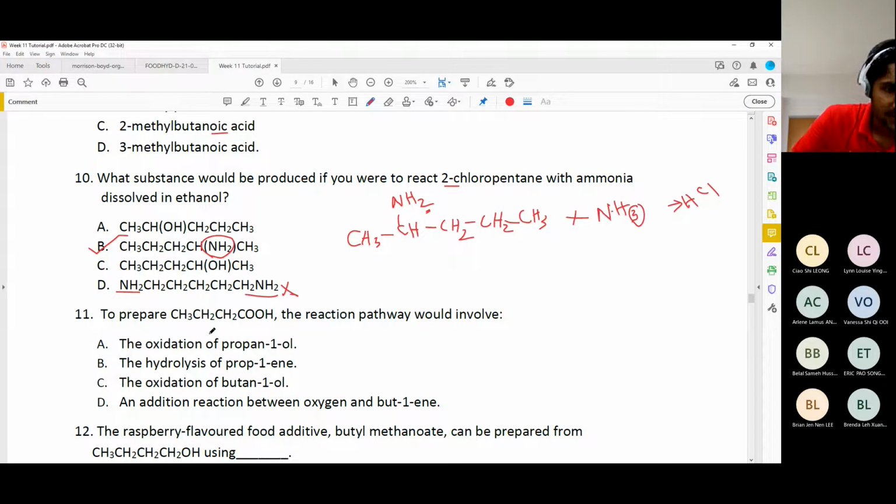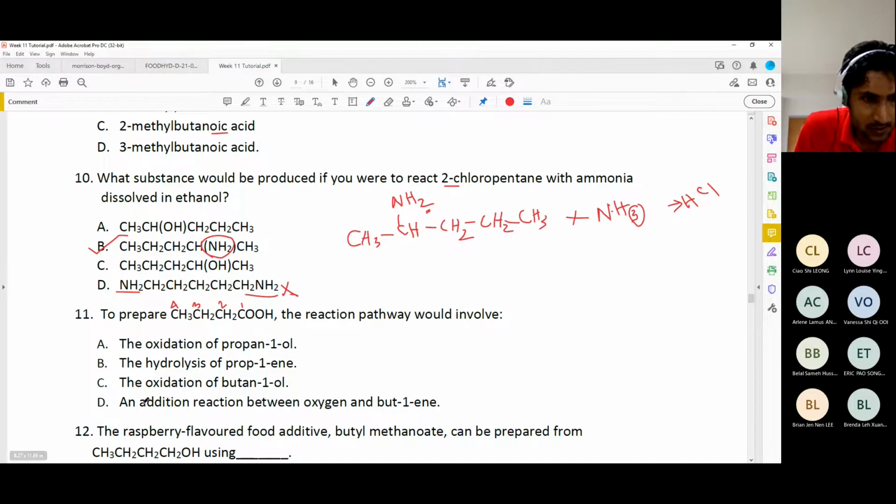Question number 11, it says that to prepare methane, ethane, propane, butane. So it is a butanoic acid. To prepare butanoic acid, the reaction pathway would involve oxidation of propane-1-ol.